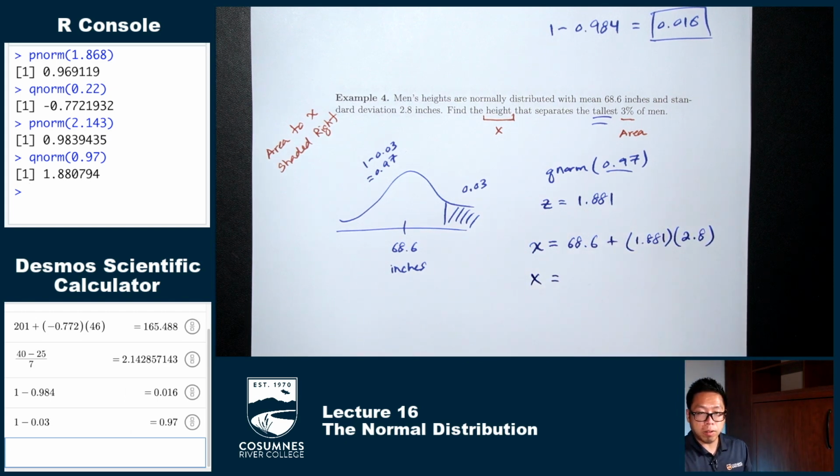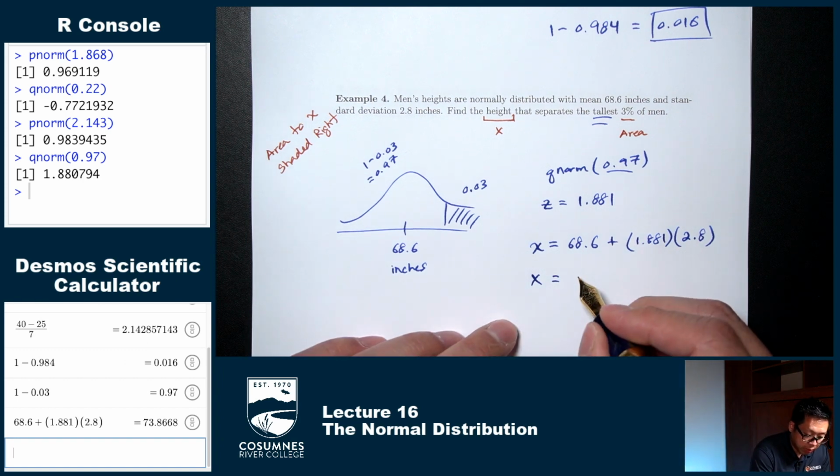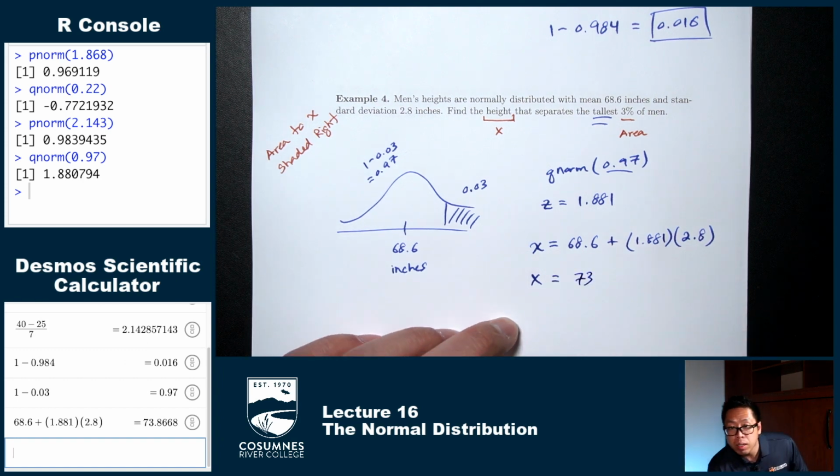Right, so on a calculator, 68.6 plus 1.881 times 2.8. Round to 3 decimal places, this is 73.867.